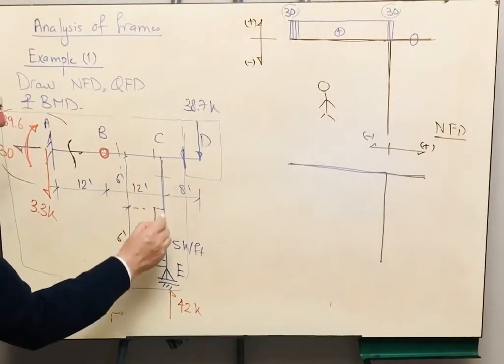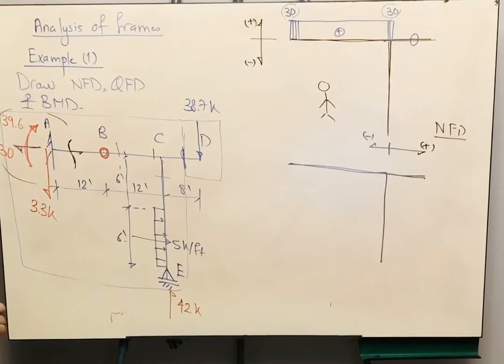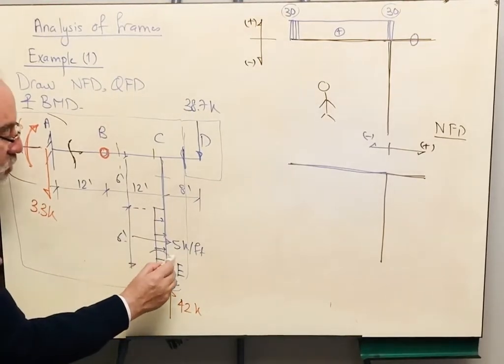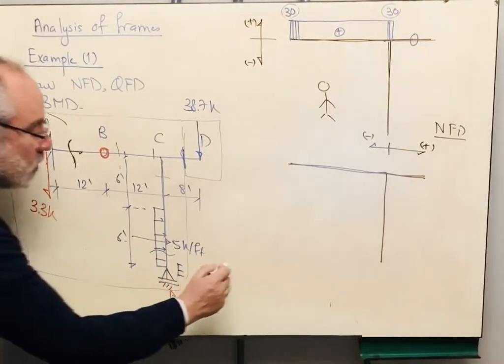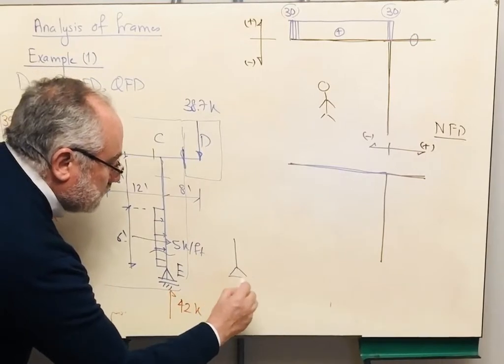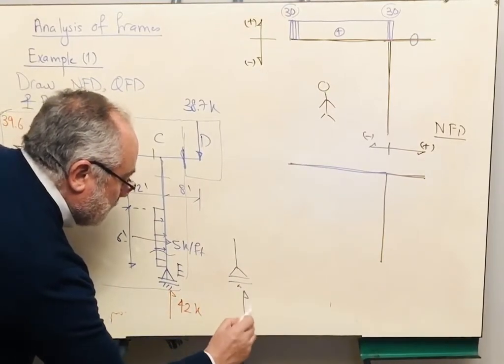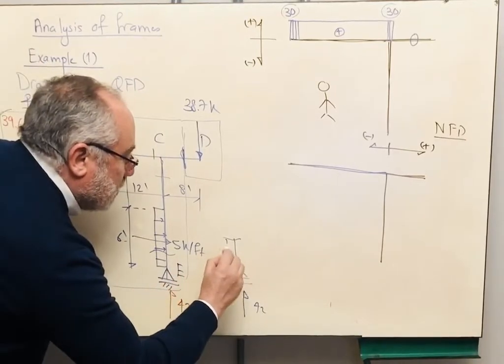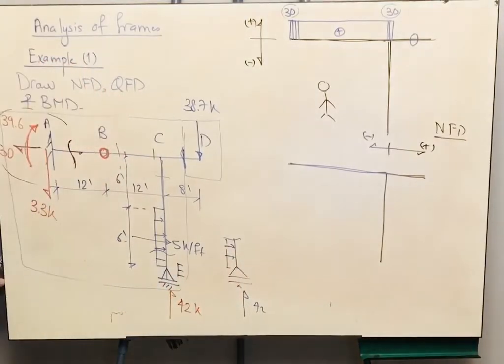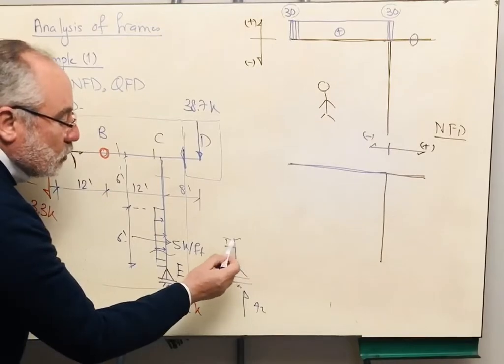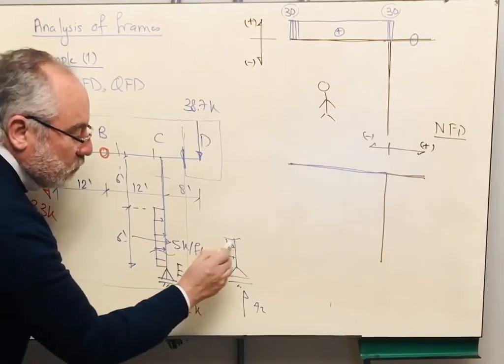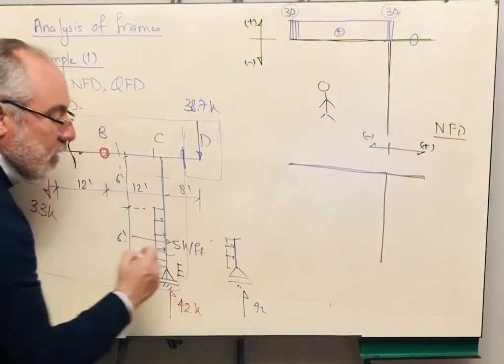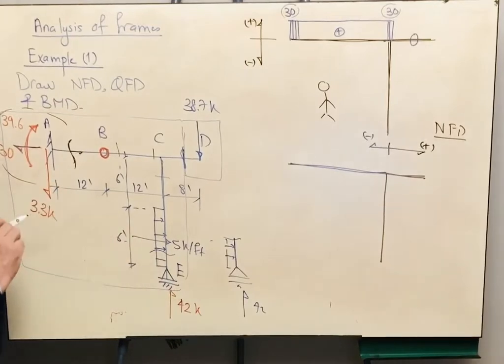For the column, to determine the normal force in the column, I will cut a section. Okay? If you cut a section like this in the column, we are having the applied reaction 42. How can this be in equilibrium in the vertical direction? Take care, we don't consider the horizontal force, because this force is causing shear and bending moment, but it doesn't cause normal force.